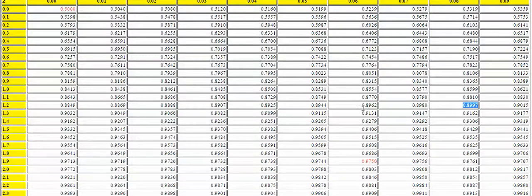What we do now is we go back to the row, find out what row it's in. It's 1.2. We go up to the column and it's 0.08. What we have to do is put these together. We have to take the row number of 1.2 and combine it with the column, which is 0.08.